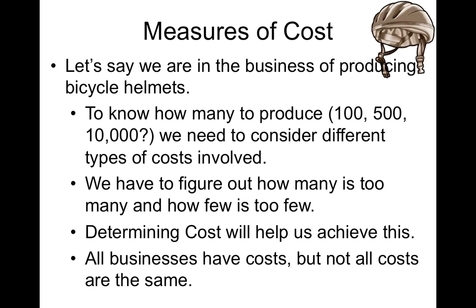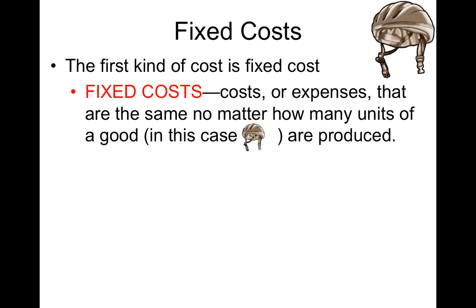So all businesses have costs, but not all costs are the same. We have fixed costs. Fixed costs or expenses are the same no matter how many units of a good are produced. In this case, we're talking about bicycle helmets.